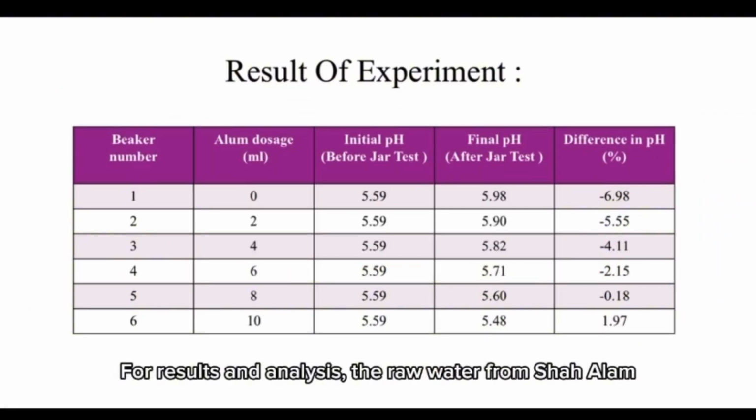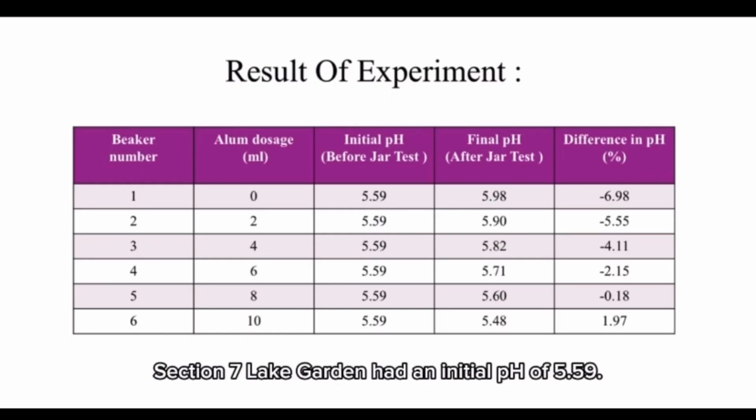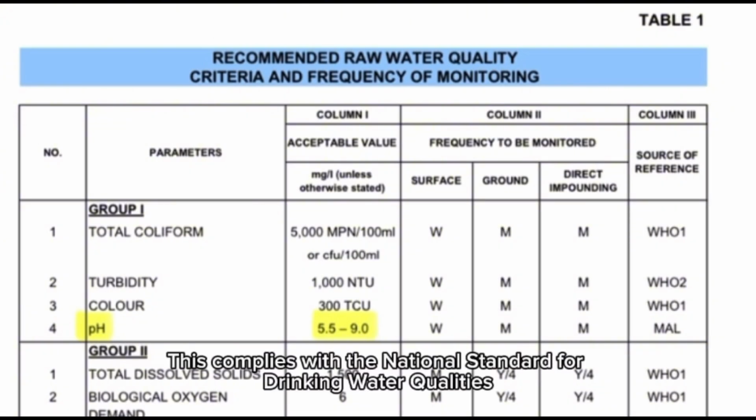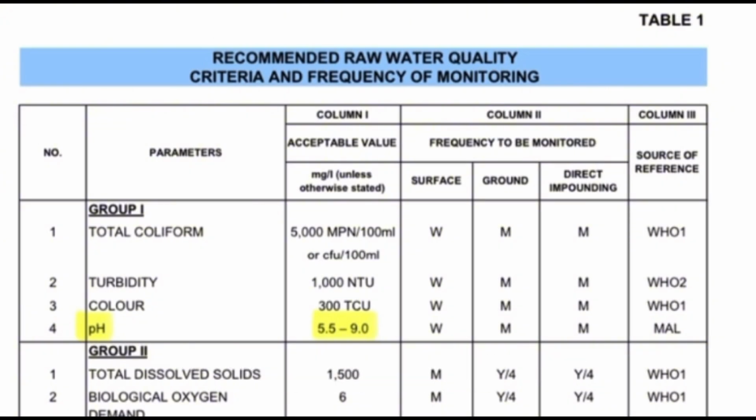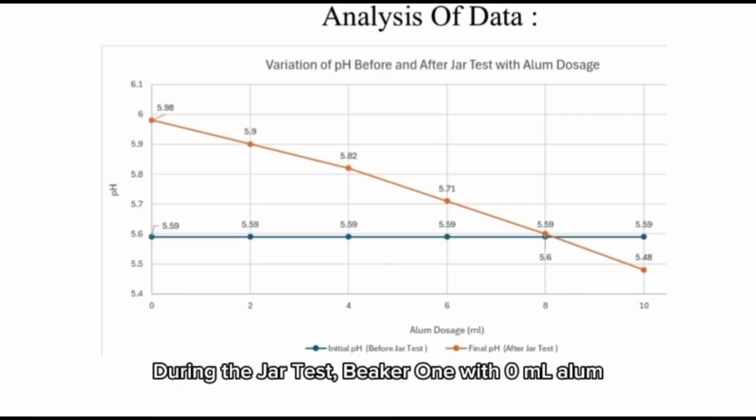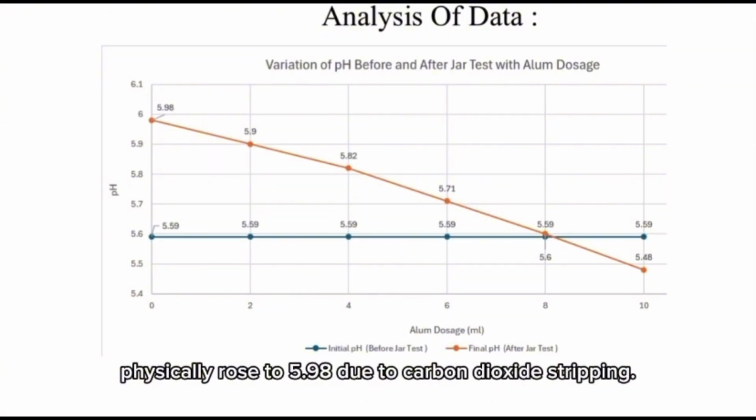For results and analysis, the raw water from Shah Alam Section 7 Lake Garden had an initial pH of 5.59. This complies with the national standard for drinking water quality raw water limit of 5.5 to 9.0. During the jar test, beaker 1 with 0 ml alum physically rose to 5.98 due to carbon dioxide trapping.